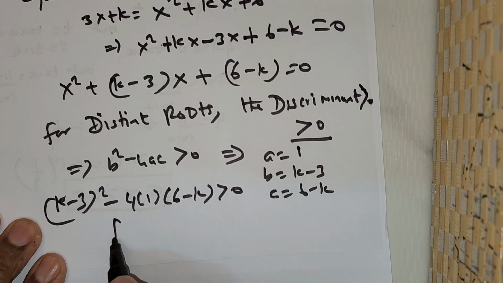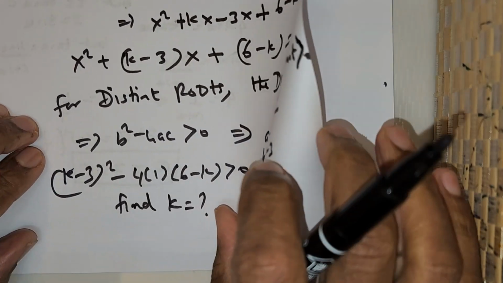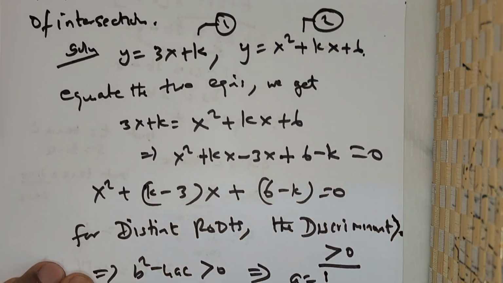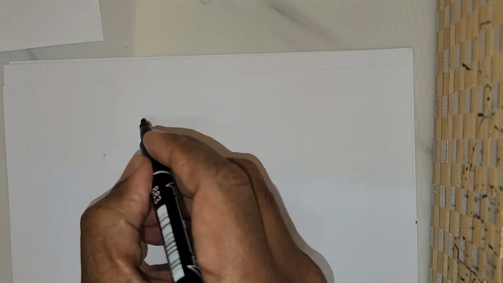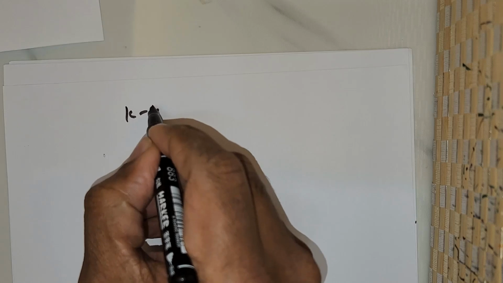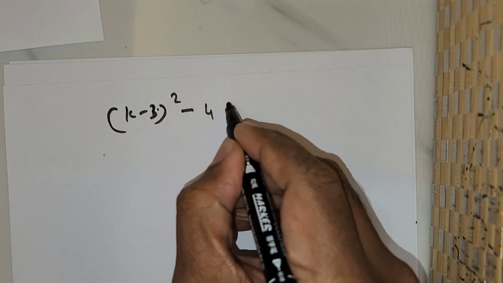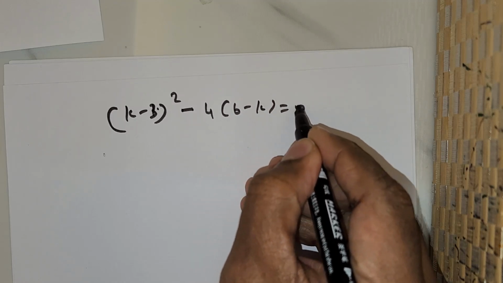Now what I wish to do is I will have to find the value of k. So let me move to the next page. I hope you are able to get this. Now to get the value of k, I'm going to take the expression to be equated to 0. So (k - 3)² - 4(6 - k) = 0.